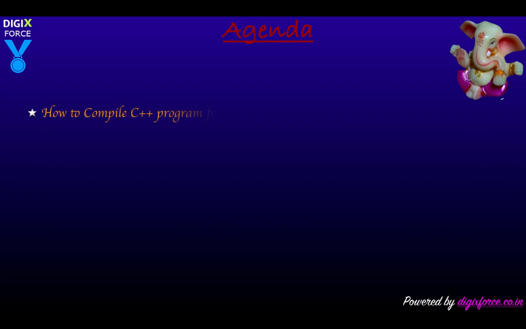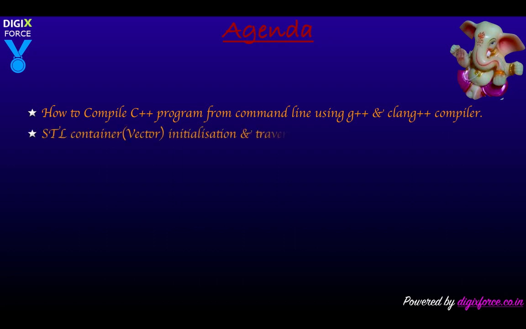Okay, let's see what we are going to cover today. Today's agenda is as follows. How to compile a C++ program from the command line using g++ and clang++ compilers. Then we'll see the STL container vector, how initialization of a vector happens and how traversal is done using a vector. Here the initializer list has a great role, which I am going to show you today.